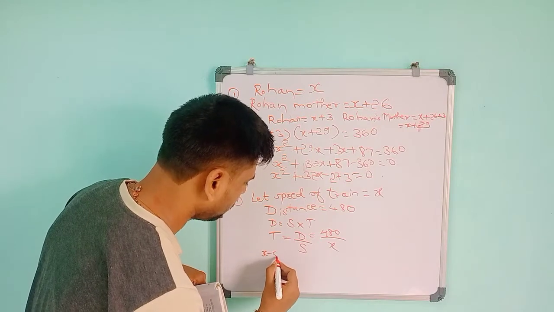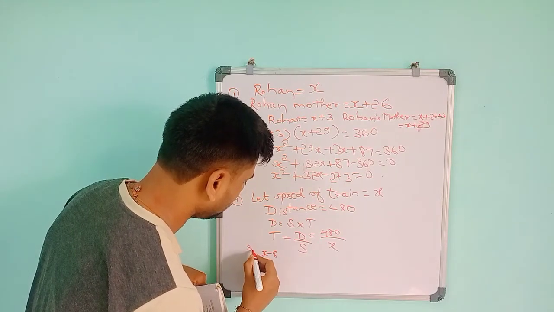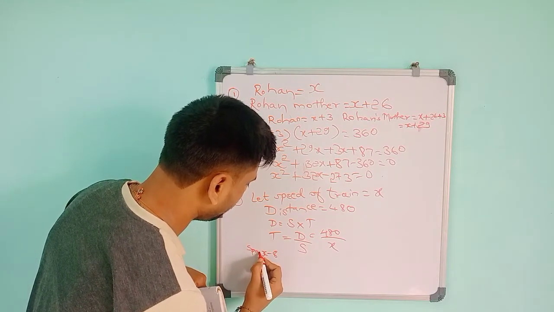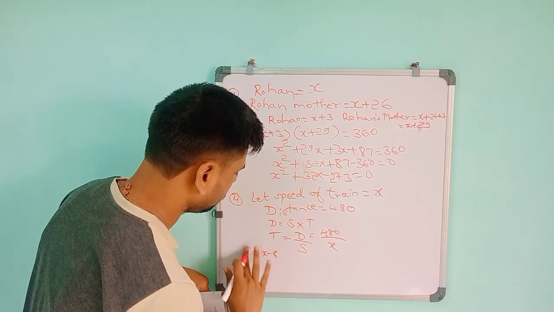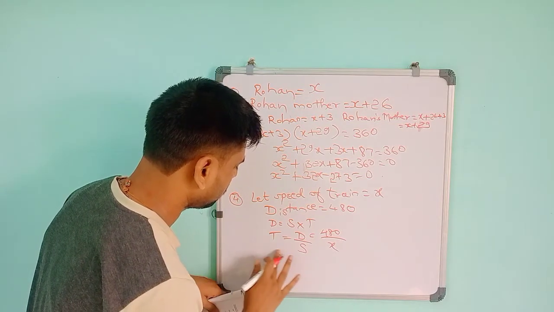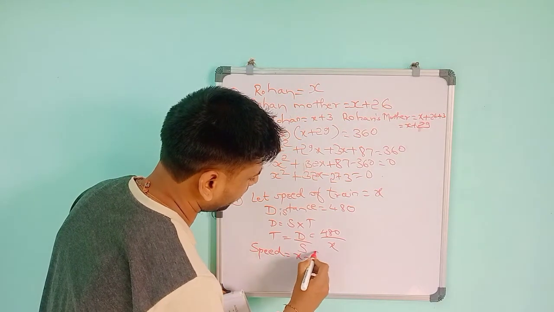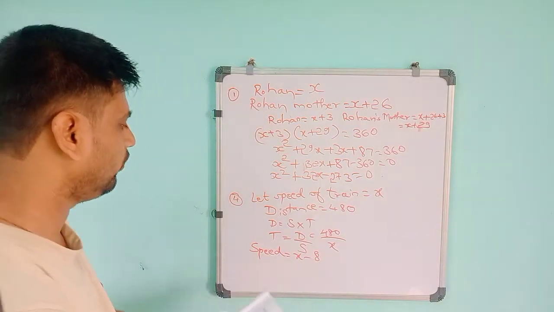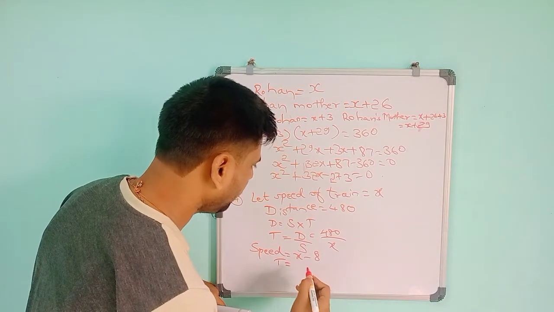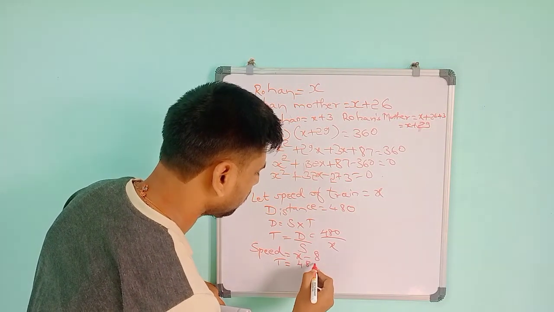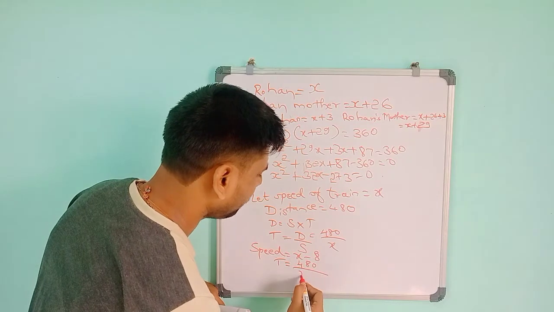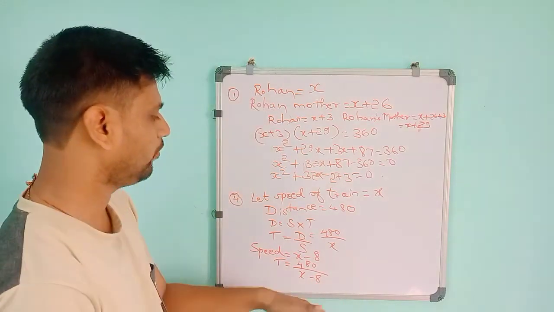So the speed will be x minus 8. For this one, time will be 480 divided by x minus 8. In place of x you can put x minus 8.